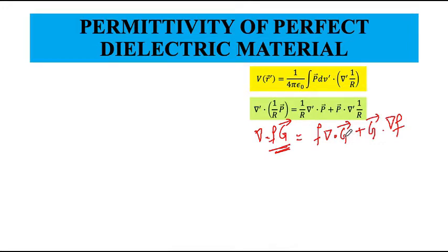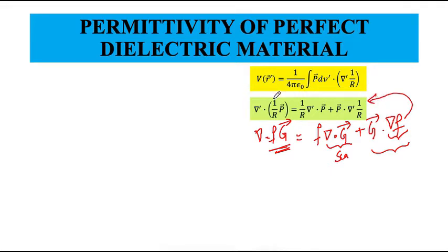This is all right because this will give me a scalar, and a scalar multiplied by a scalar provides a scalar only. Here, g dot del f will provide a vector dotted with a vector, which gives a scalar. Okay, so I have this identity, and I can apply it to this function.